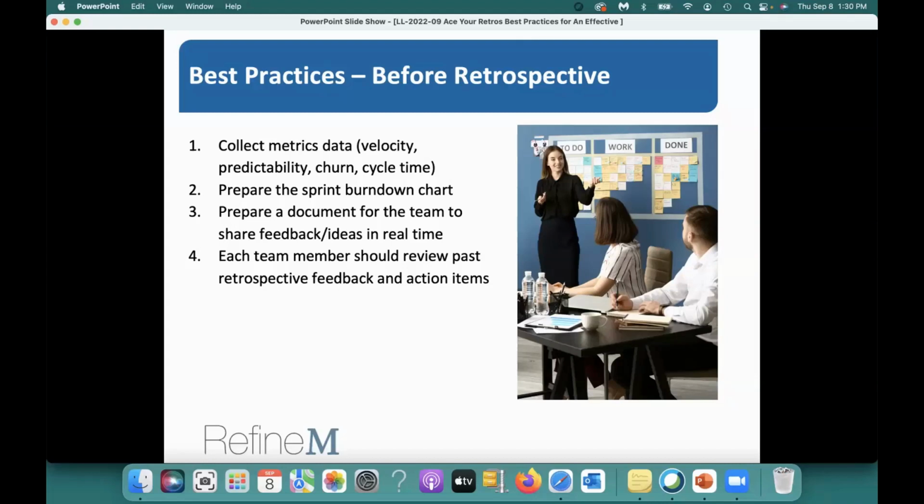Many times I recommend that waterfall teams that have long projects running 6, 8, 10, 12 months do it once a month. So collect metrics related to quality and effectiveness for that past month.